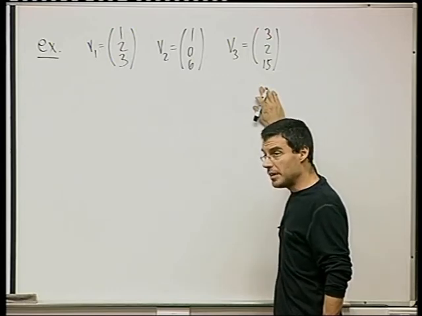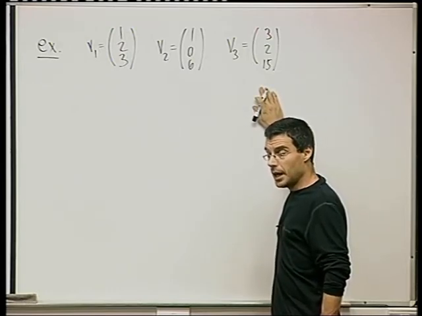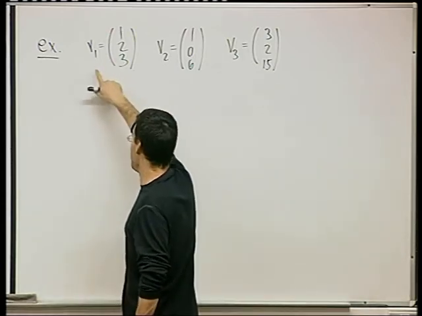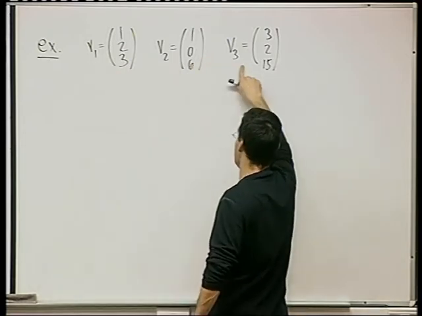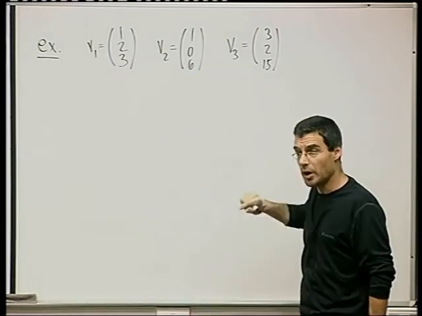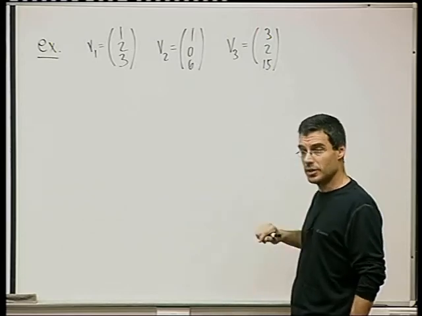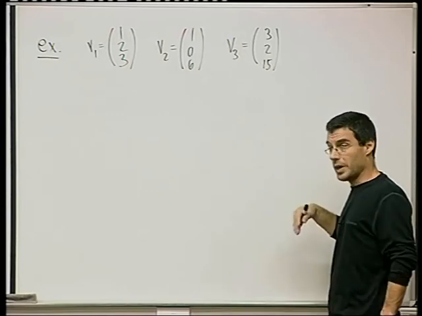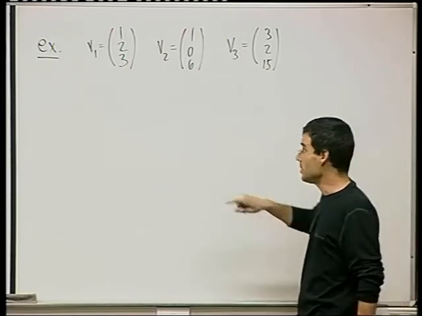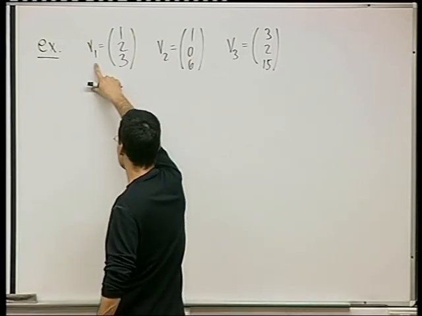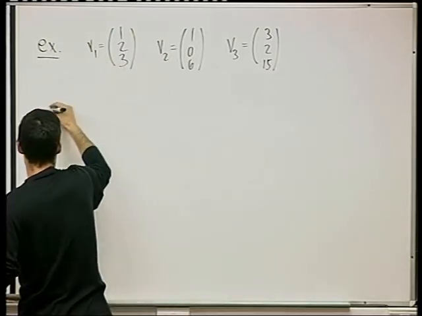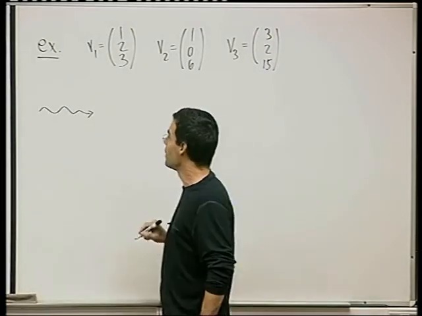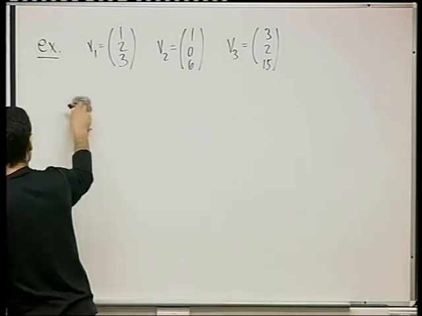So we want to know if there is a non-trivial solution to the linear combination alpha 1 v1 plus alpha 2 v2 plus alpha 3 v3 equals 0. Are there alpha i's not all 0 that solve that? Right? That's what we're trying to ask. And that translates into a question about a system of equations. So this leads, this is not a canonical symbol in mathematics, this is just my way of saying, let's not do that.